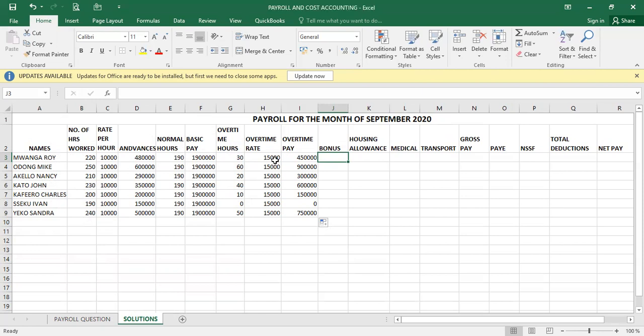Then we say equals, open brackets, the basic pay, that is F3, plus the overtime pay, which is I3. When you've got that, you can close the bracket and multiply by 10%.